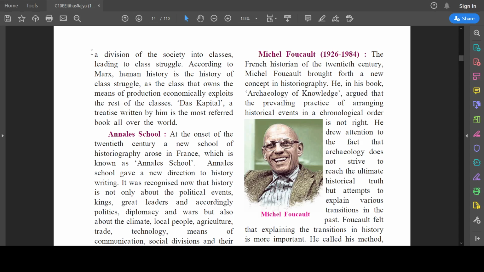So this inequality causes a division of the society into classes leading to class struggle. That's point number 4. Then point number 5, according to Marx, human history is a history of class struggle as the class that owns the means of production economically exploits the rest of the classes. Till here, that's it. 5 points. Answer 6.1.